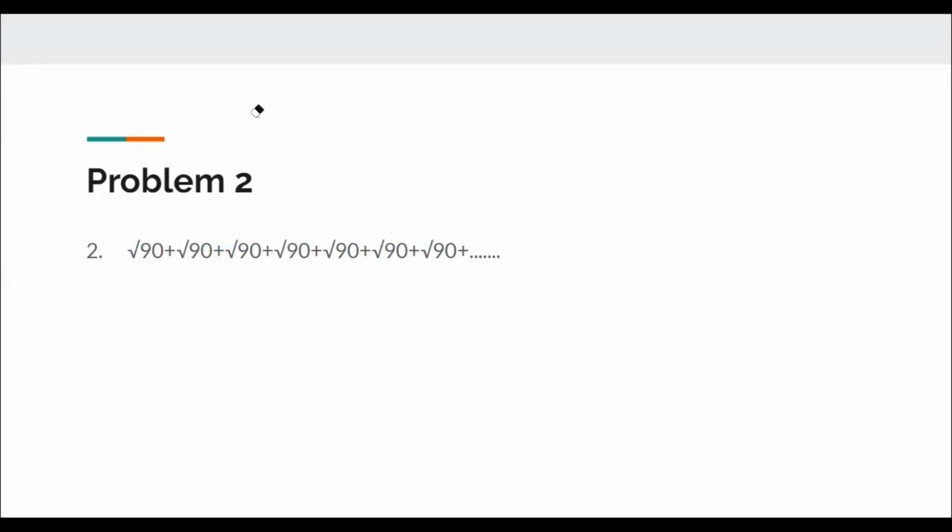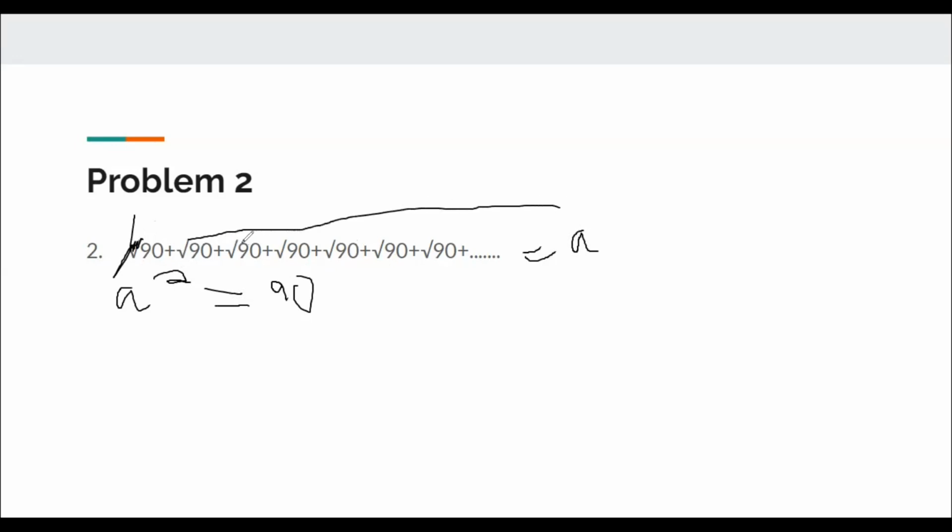you let the sum equal a, and then since it's infinite, if I square it, I'm going to get a squared is equal to 90 plus this infinite series again, since the square root gets canceled out in a way.